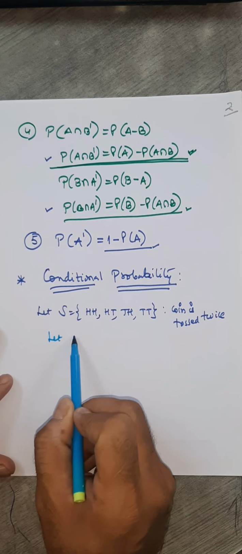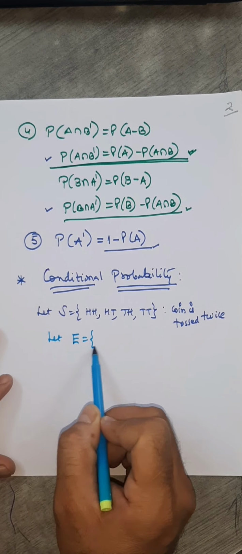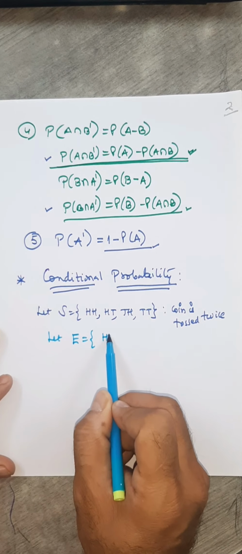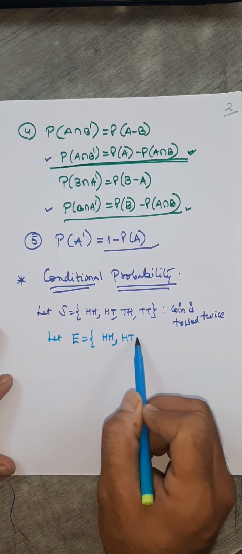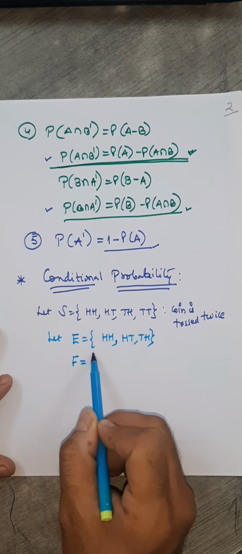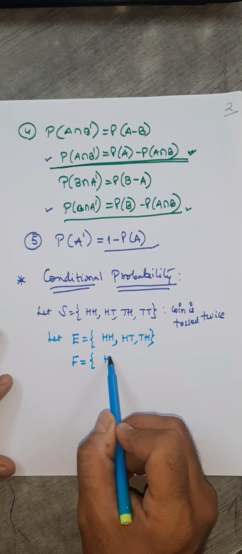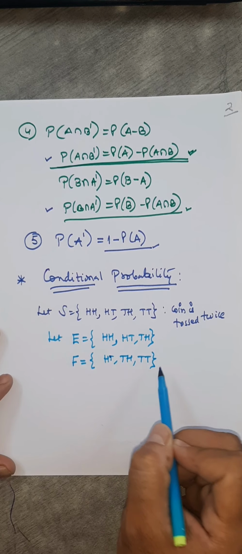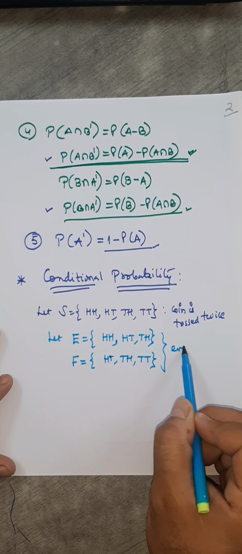Let's take event E as this. Event means a subset of this sample space. I'll take HH, HT, TH, three outcomes. One more event: HT, TH and TT. These are the two events of this sample space.